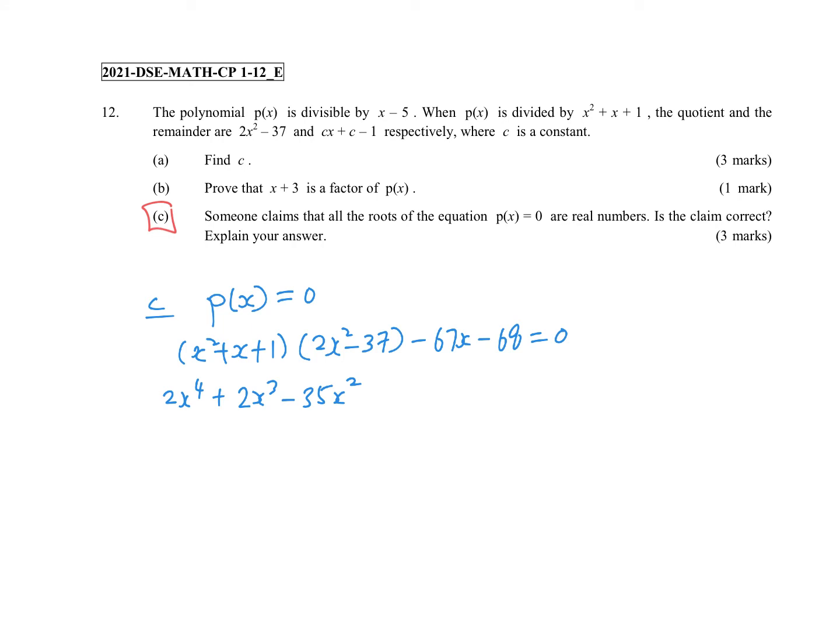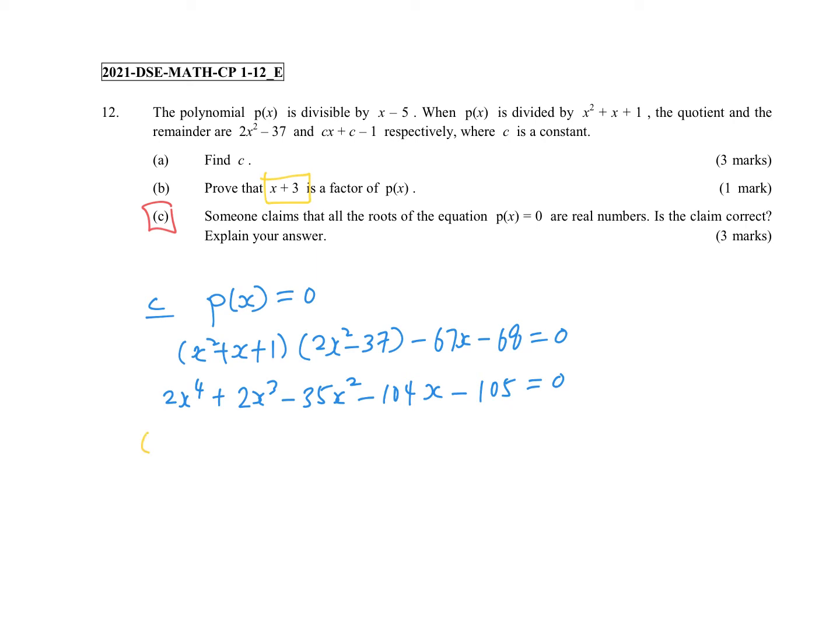And then for the x terms, that will be negative 37x minus 67x, so that will be minus 104x, and then minus 105 equals 0. Because negative 37 minus 68 equals negative 105.